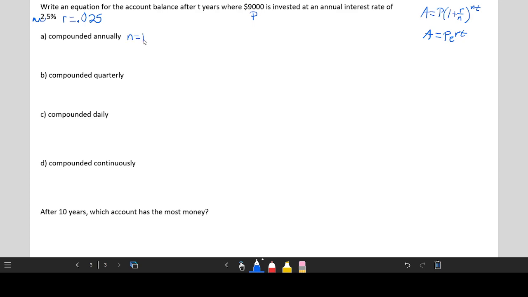So n is going to be 1 for this first one. So we're going to have A equals, P was 9,000 times 1 plus R was 0.025. N is 1. And then the exponent is 1 times t, so it's just an exponent of t there.